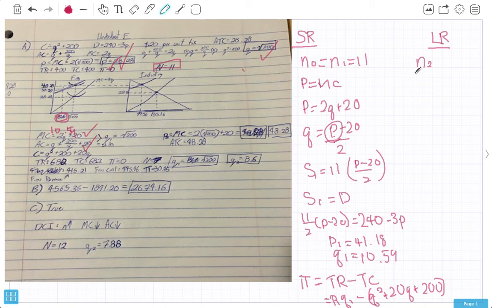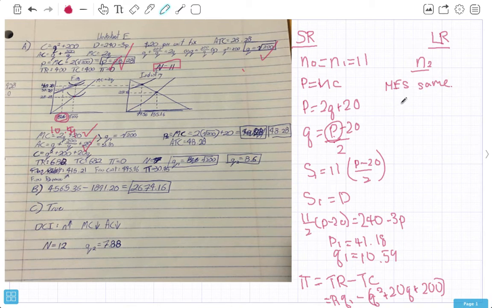Now, the long run, you'd have to find the number of firms. So to do that, you got this idea, right? Where in long run, it will go back to the initial quantity. So the MES stays the same for long run.